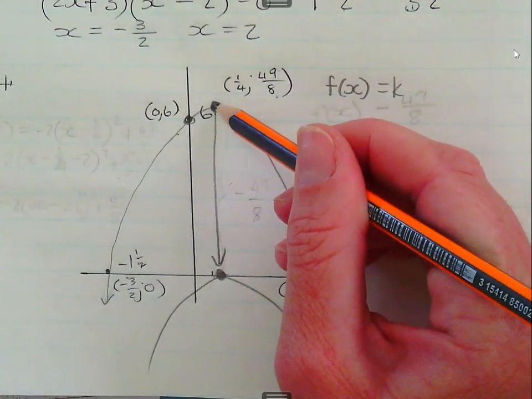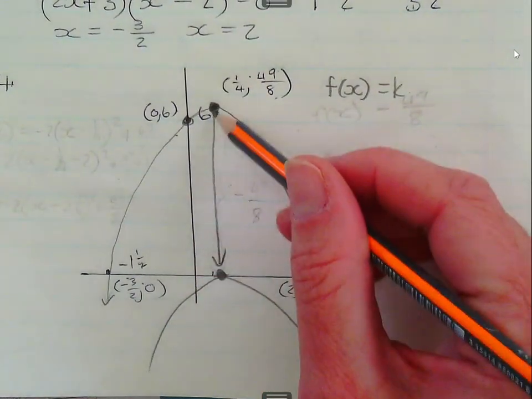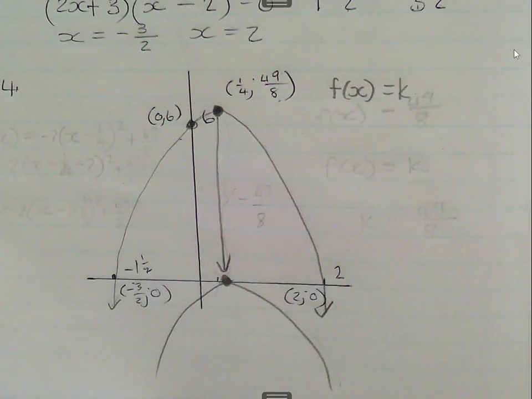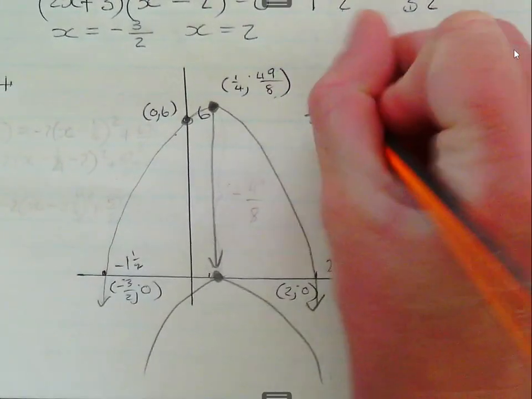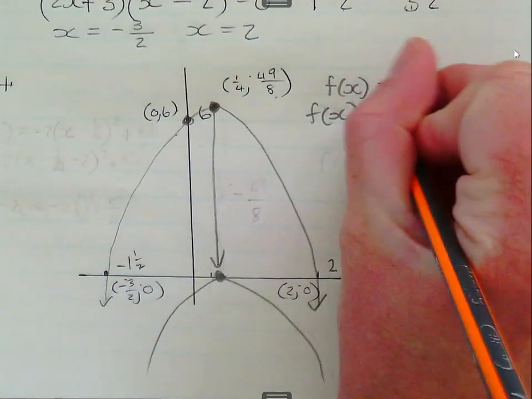Do you agree with me when I say that this function must be the same function minus 49 over 8? Then it will be exactly where it's supposed to be. So we want it to be f of x, you can write down the trinomial, but then we must have minus 49 over 8 there as well.